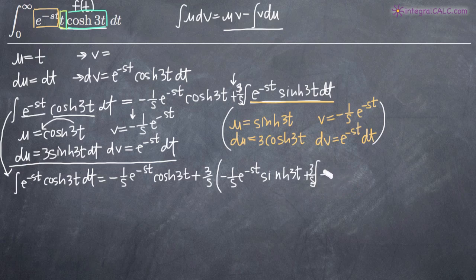So that'll come out in front, and we'll be left with e to the negative st cosh of 3t dt. And I forgot my little dt right there. Okay, so what's great about this, and let's actually go ahead and do some multiplication.